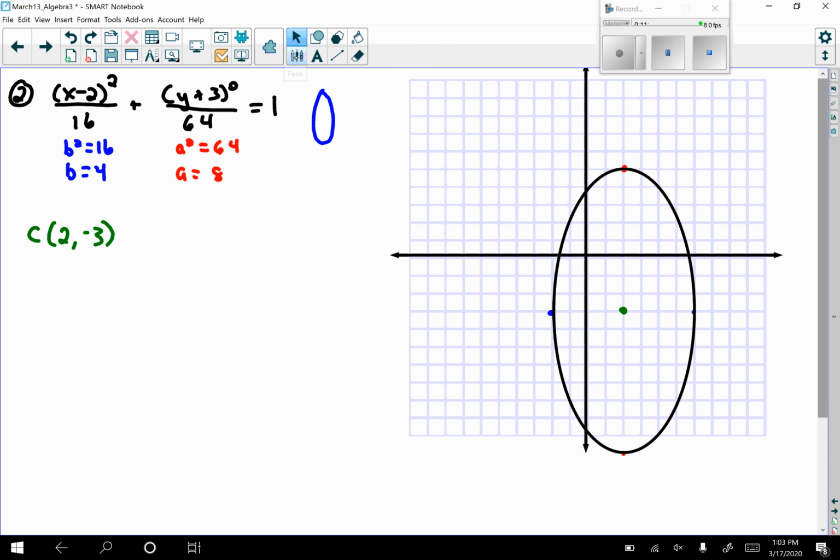All right, so drawing in our major axis, again, this should be 8 and another 8. So we have a vertex up here, looks like at 2, 5. And we have another one here at 2 and negative 11.